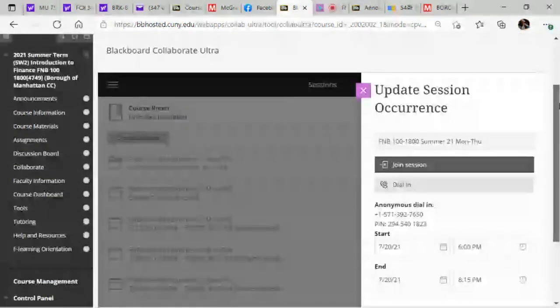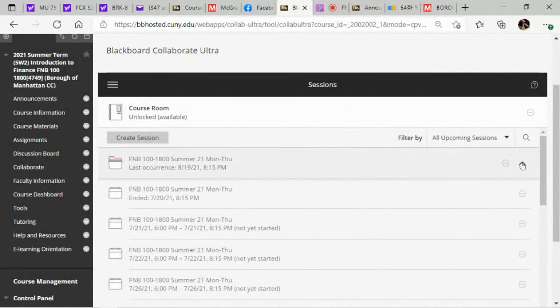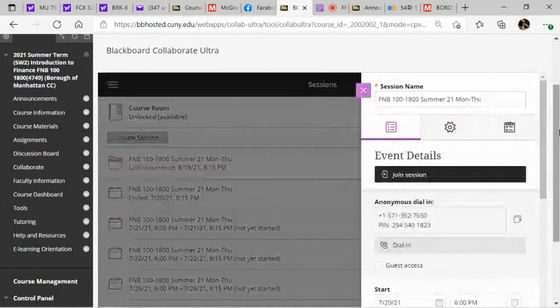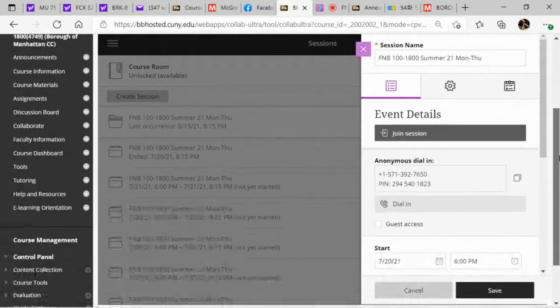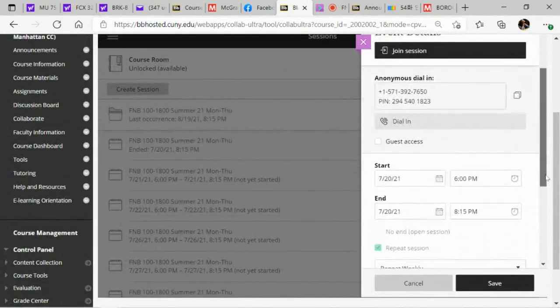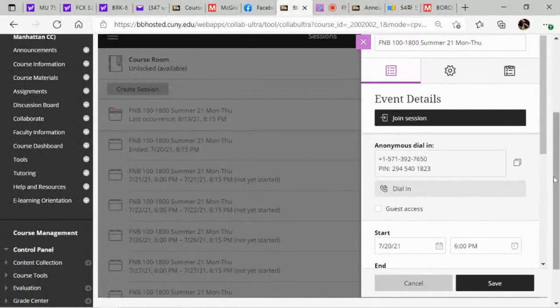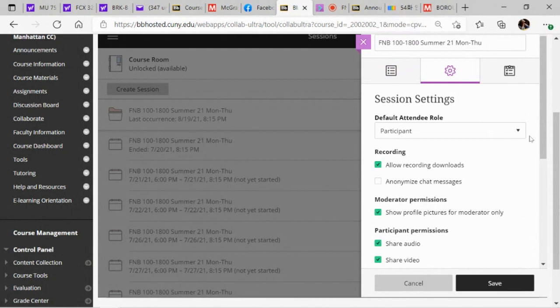It's not this one, I guess. Okay. It is set up basically, I can set it up like starting time, ending time, recurring, which day, of course it's Monday through, and other things, allow recording or not.